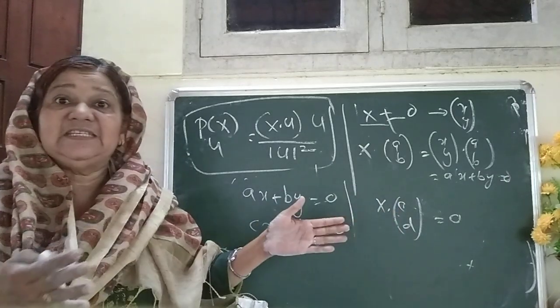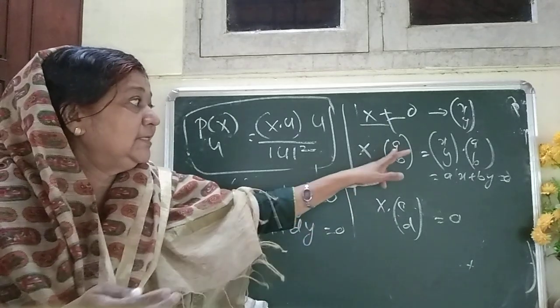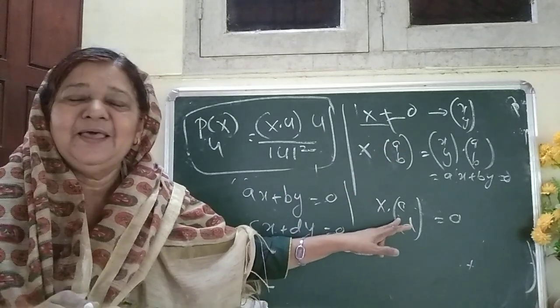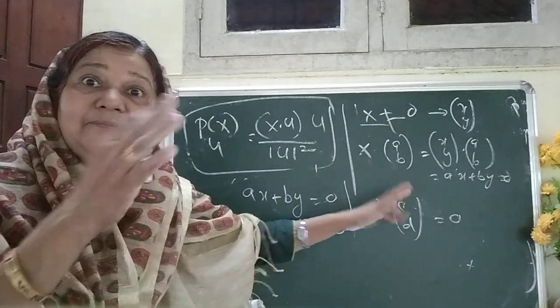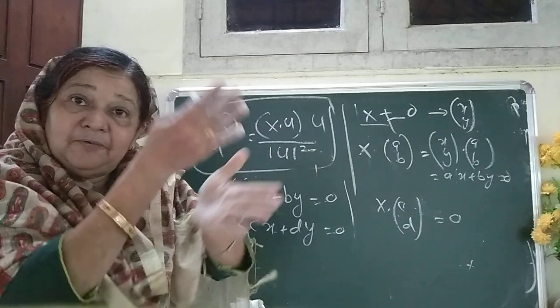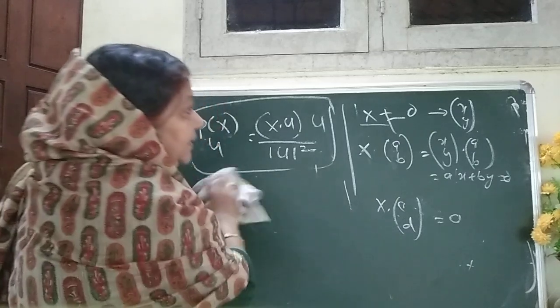So, both the vectors (a, b) and (c, d) are perpendicular to a vector, which means these two vectors are parallel. Parallel means they lie on the same line, so they are linearly dependent.